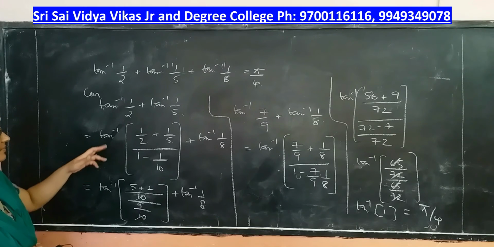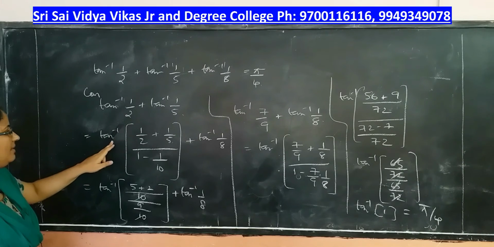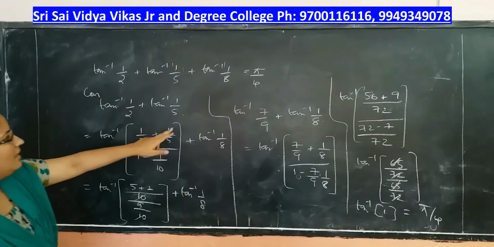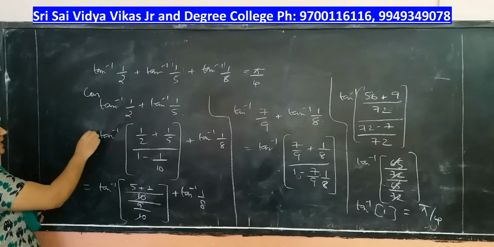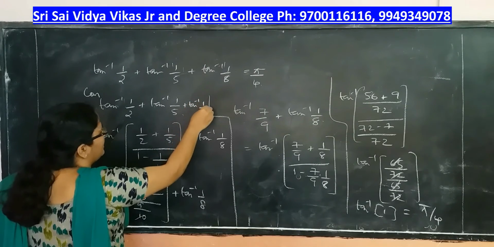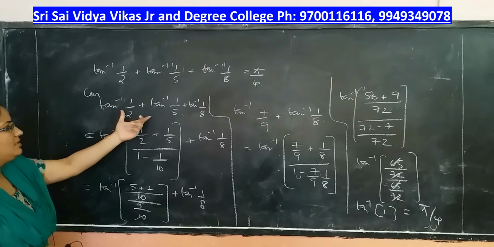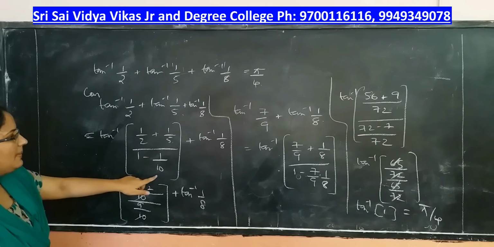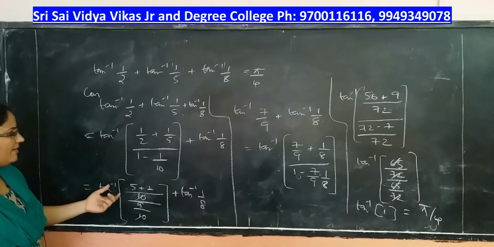I repeat. First of all, we are taking tan inverse 1 by 2 plus tan inverse 1 by 5. That will be equal to tan inverse of (1 by 2 plus 1 by 5) by (1 minus 1 by 2 into 1 by 5), plus tan inverse 1 by 8. First you are considering these two. So this will be tan inverse (1 by 2 plus 1 by 5) by (1 minus 1 by 10), plus tan inverse 1 by 8. Here you have the LCM as 10.